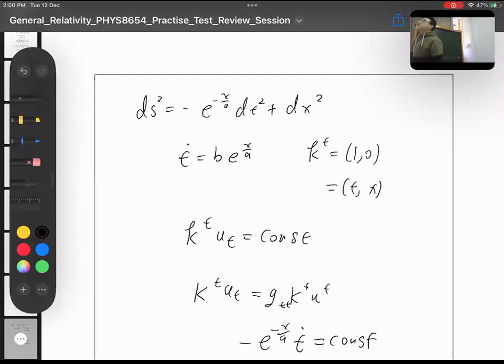So in this case, since there's no time dependence, you can always write this as a Lagrangian, remember. And if the Lagrangian is time independent, that means its energy is conserved. So the energy of this system is always conserved. But since it has an x dependence, it means the linear momentum is not conserved. So that's the physical meaning behind killing vectors.